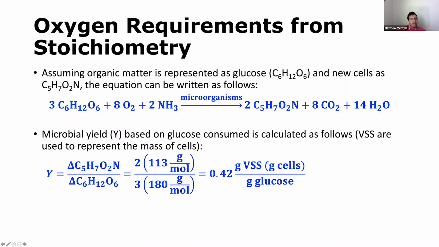We know that the molar relationship between biomass and glucose is 2 to 3, but we use the molecular weights of those two compounds to convert this to a mass ratio. Again, the C5H7O2N is microbial cells, so it's the grams of cells, and we measure this in wastewater as VSS usually, volatile suspended solids. And that's grams of VSS per gram of glucose. So here, based on this stoichiometry, we can see that the yield is equal to 0.42 grams of VSS per gram of glucose. That's how much microbial biomass we're going to get for every gram of glucose being consumed.